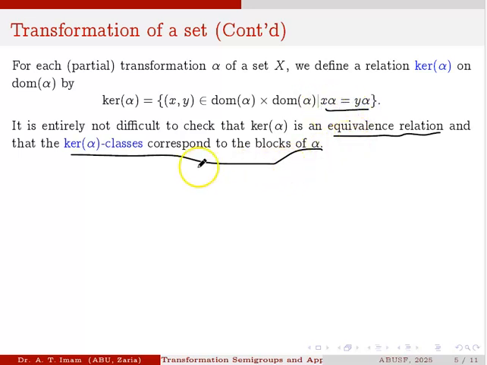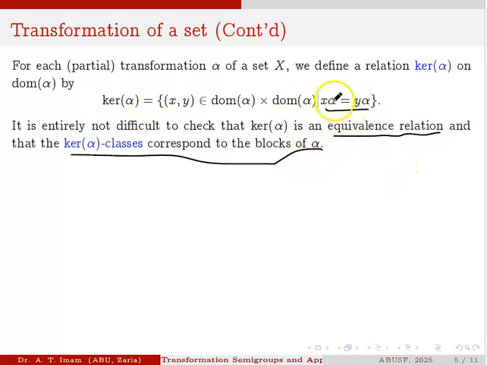So that means the equivalence class of a particular X will be exactly the block where that element belongs. So this is yet another perspective of looking at the blocks of alpha. Those blocks of alpha that we defined in the previous slides are exactly the kernel equivalence classes here, and this relation is an equivalence relation.